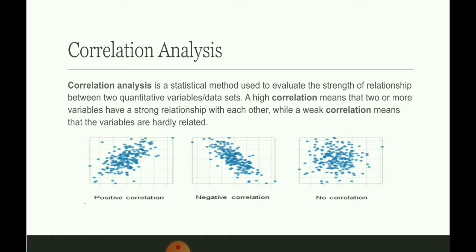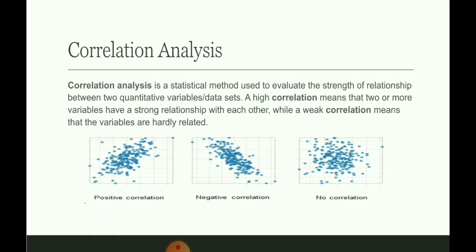So first of all, as I have already told you what correlation analysis is. Correlation analysis is the statistical method to evaluate the strength of a relationship between two quantities or variables. When two different data types are given, you just have to find the strength of relationship, whether they are strongly related or weakly related or not related at all.